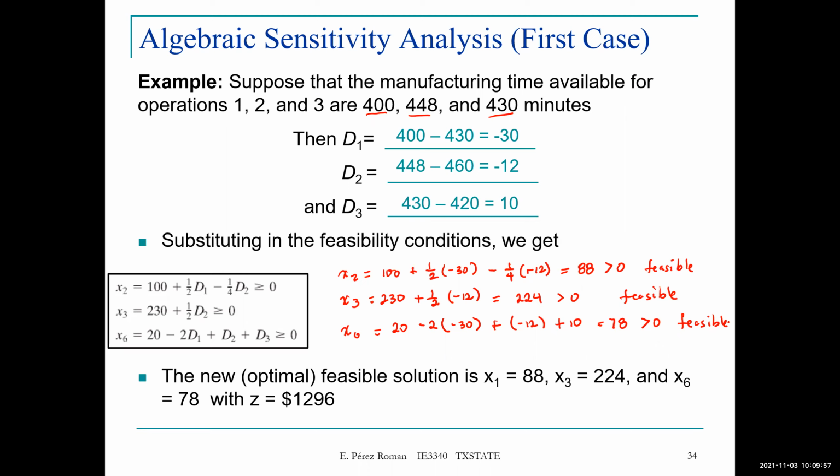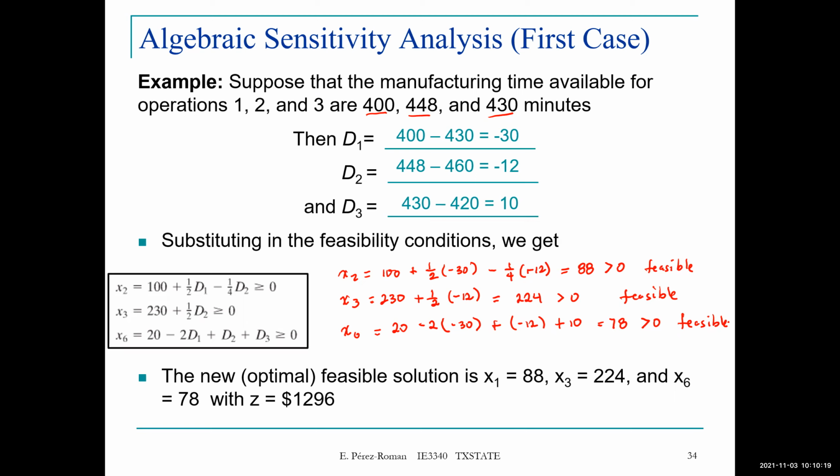That optimal solution is changing also the numbers that we are producing per product, right? So now X1 equals 88, X3 equals 224, and X6, which is a slack variable, is increasing, which means that you have additional slack available now for the third operation.